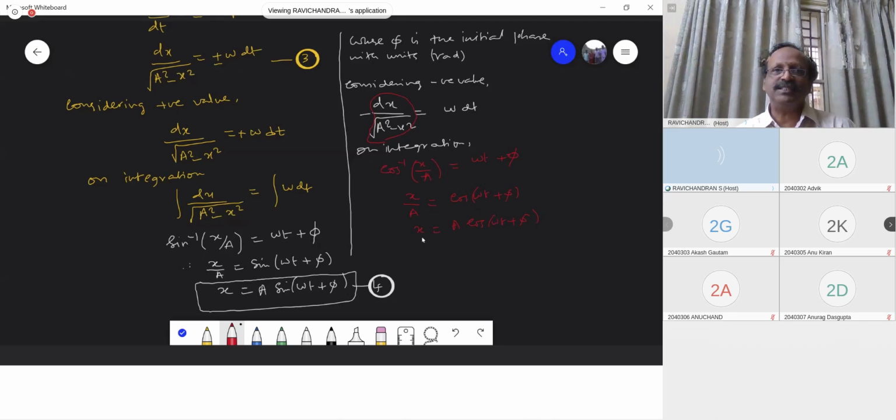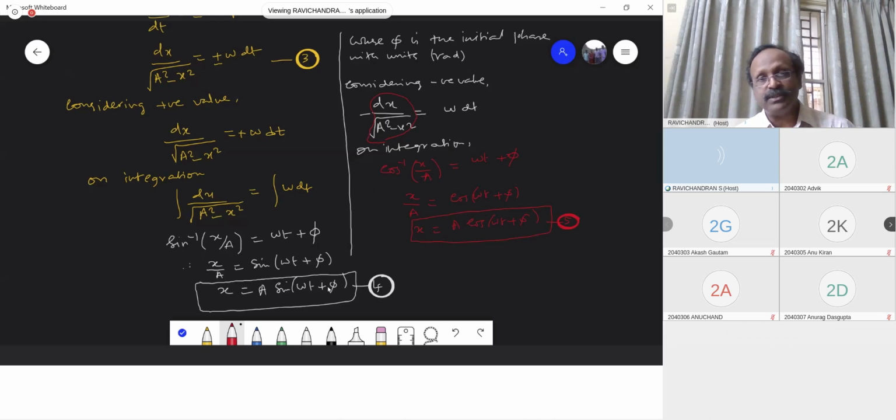So two equations I have got. Which equation am I going to use now? Which equation am I going to choose? That matters now. One is here, another one is here. But when I put x equal to 0, you can find the velocity equation also. When I put x equal to 0, the velocity will become maximum.